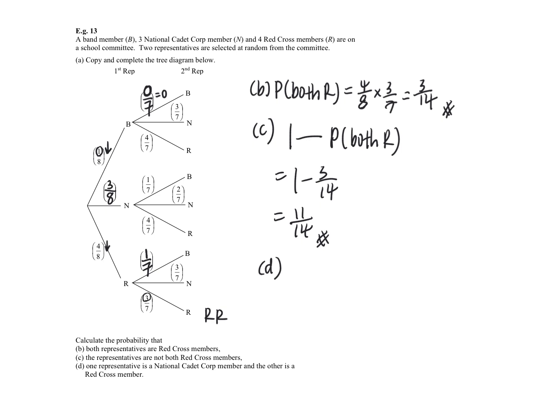Okay, part D, 1 NCC, 1 Red Cross. So NCC and Red Cross, or Red Cross and NCC. For this one, don't put the probability in the matrices. So 3/8 out of 4/7.